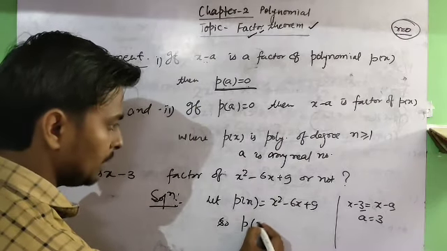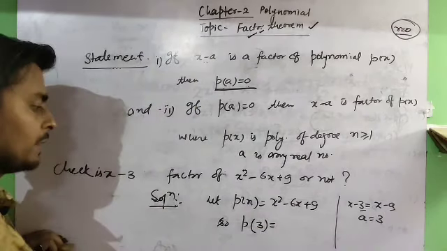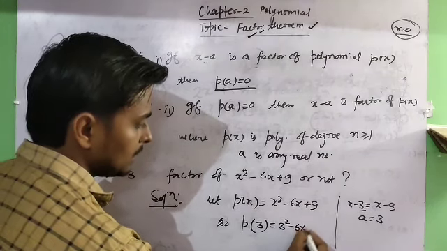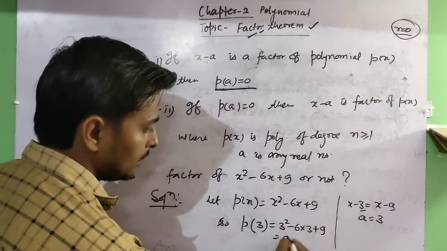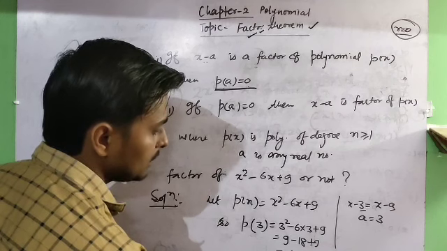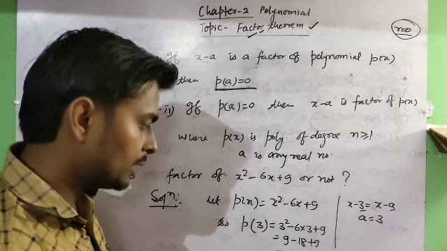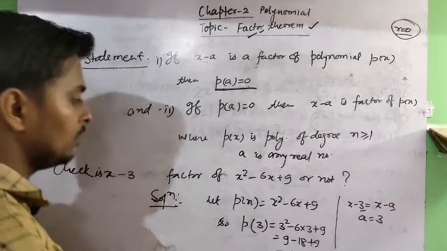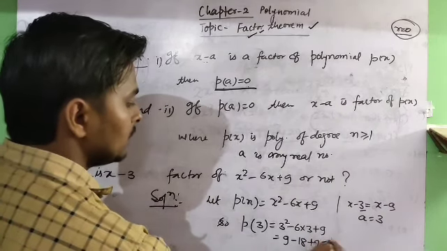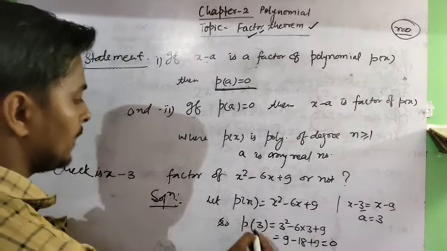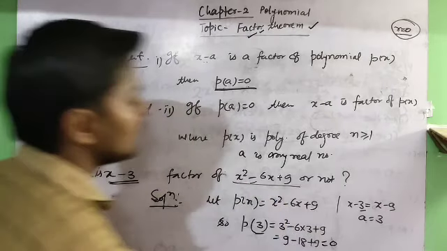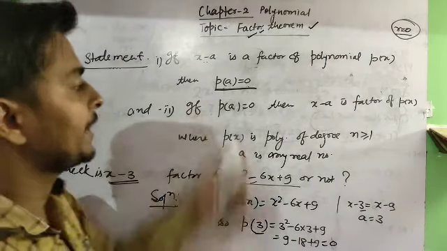So pa means p3 is equal to, just put the value, 3 square minus 6 into 3 plus 9, which is 9 minus 18 plus 9. So 9 plus 9 is 18, minus 18 is equal to 0. Now p3 is the remainder, and the remainder comes 0. So we will say that x minus 3 is a factor of x square minus 6x plus 9 on the basis of the factorization theorem.